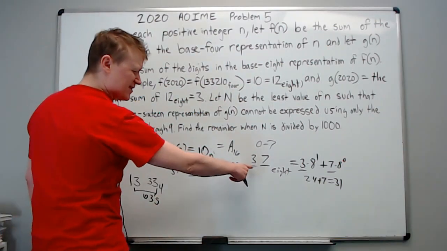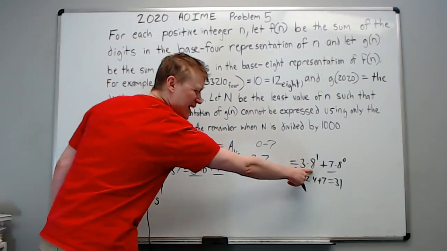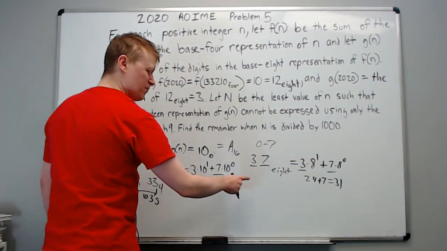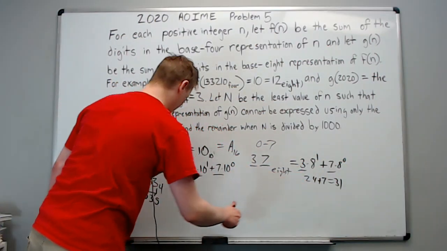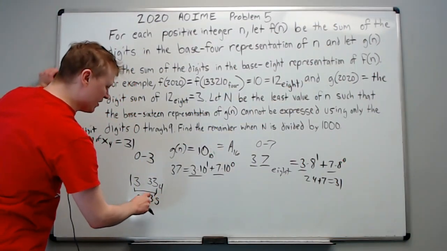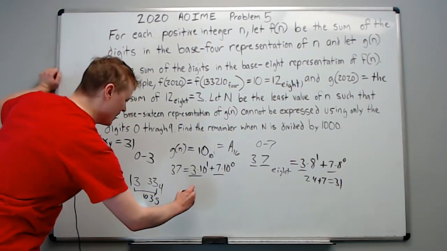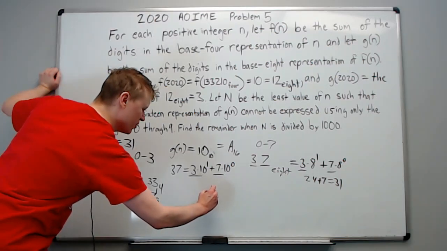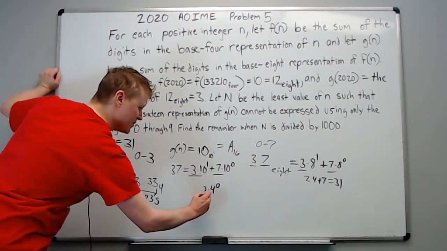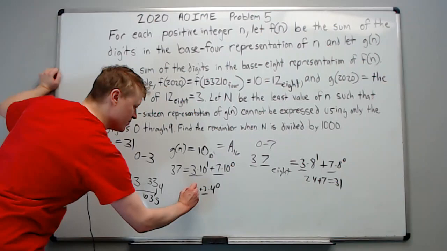Again, if you notice, the second place digit was 8 to the first because the first digit is 8 to the 0. So the same thing's going to happen here. You're going to have 10 places. It's going to be 4 to the 0, 3 times that, plus 3 times 4 to the first.